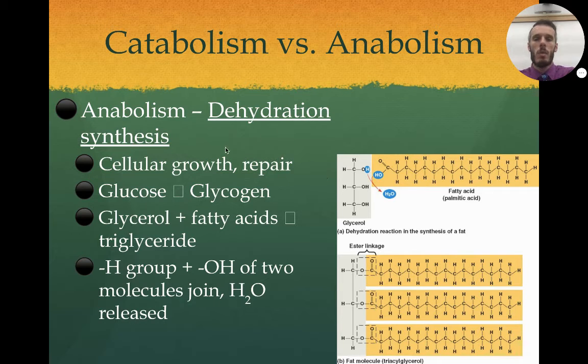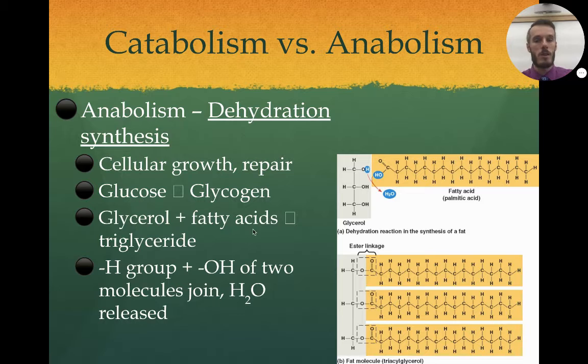All right, so with anabolism, that is known as dehydration synthesis. So again, this is the opposite. In order to build something up, a water molecule needs to be removed, hence dehydration. So an anabolic reaction is going to help with growth. It could involve the formation of glycogen by bonding all these glucose together.